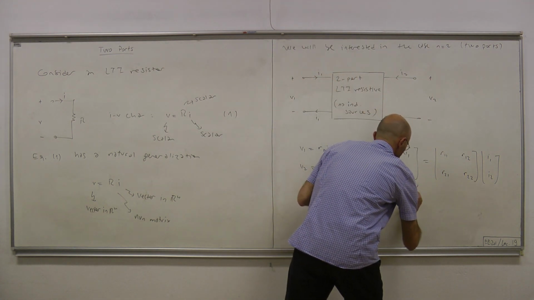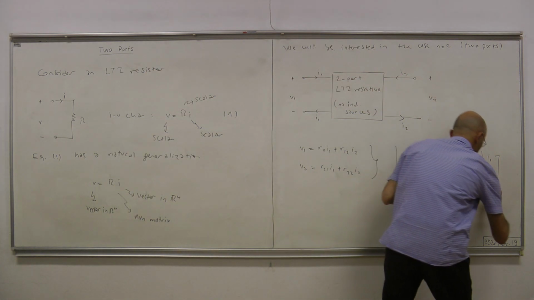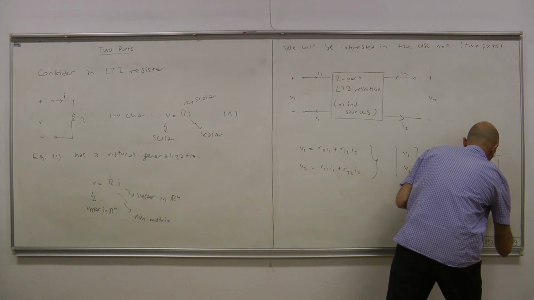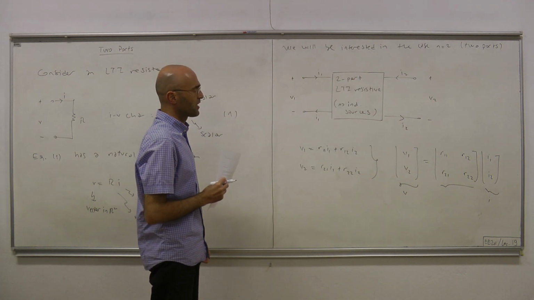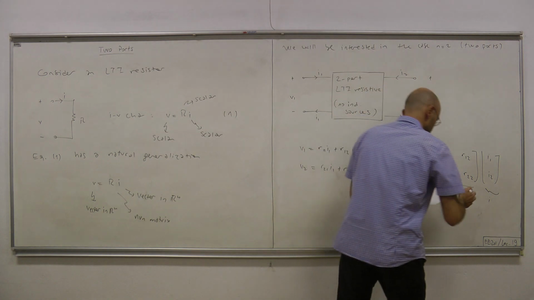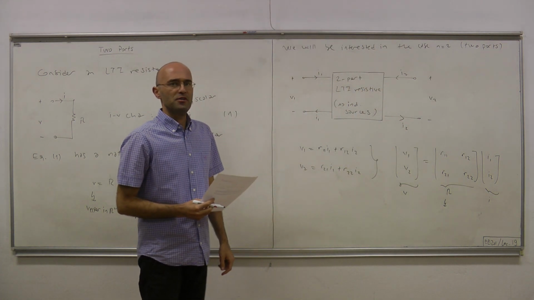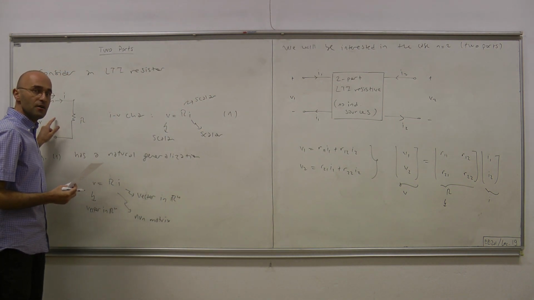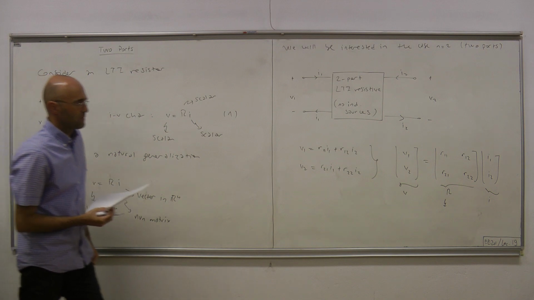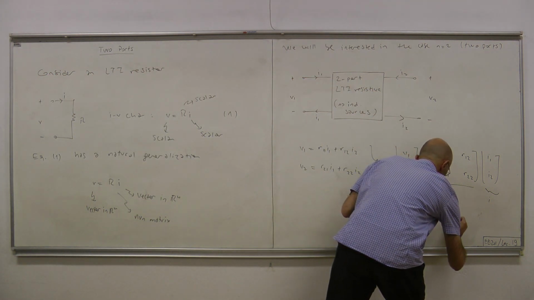This thing is what we're calling the voltage vector. The other vector is the current vector, not surprisingly. And here, this matrix we denote by capital R. And it's called, again, not surprisingly, the resistance matrix. Okay, it's a very natural generalization of this simple first-order case. R is the resistance matrix.